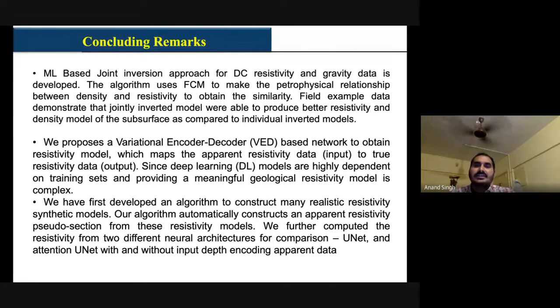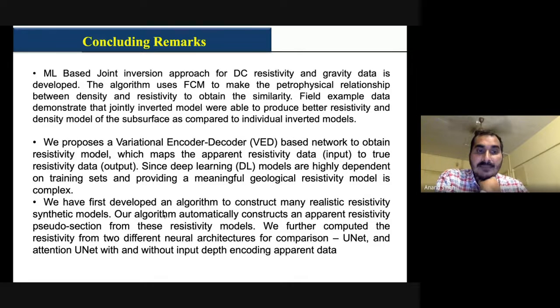One was the SEG net, sorry, unit based, attention unit based, and ours, the variational encoder network. We noted that this is providing the best results so far. But one thing we noted is that deep learning is highly dependent on the training set which we provide.